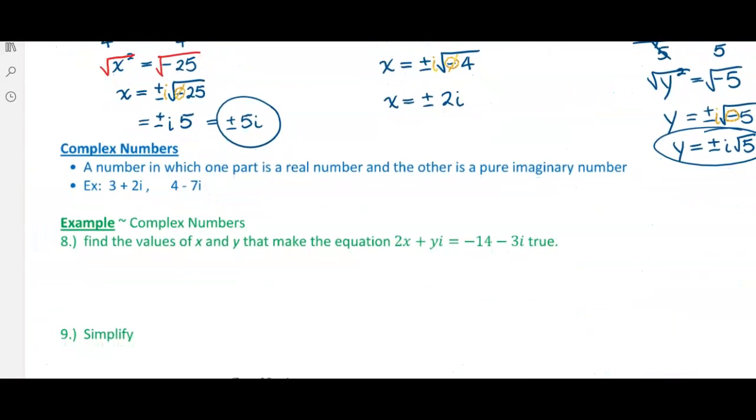Complex numbers are just numbers that have a real component and a pure imaginary component. And they are usually expressed in the form a plus bi, where a and b are real numbers. This part right here is considered the real part, or the real component.